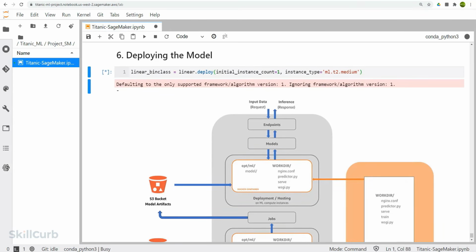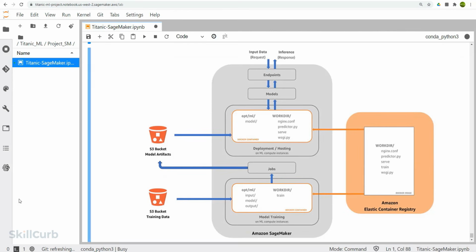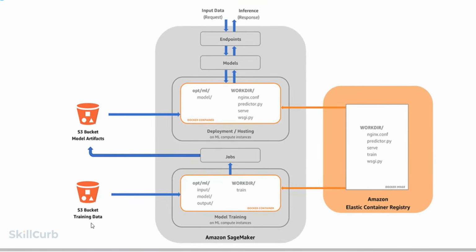This will take some time to deploy the model. Meanwhile, let me explain to you how it works. When you develop a model in Amazon SageMaker, you can provide separate Docker images for the training code and the inference code, or you can combine them into a single Docker image.